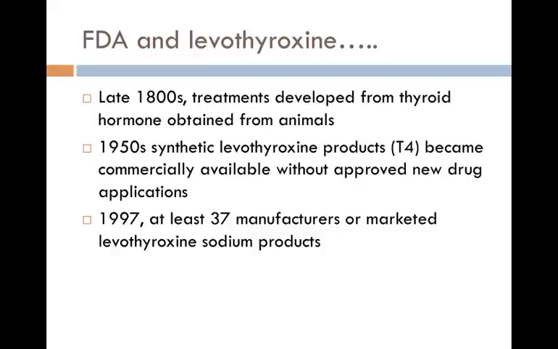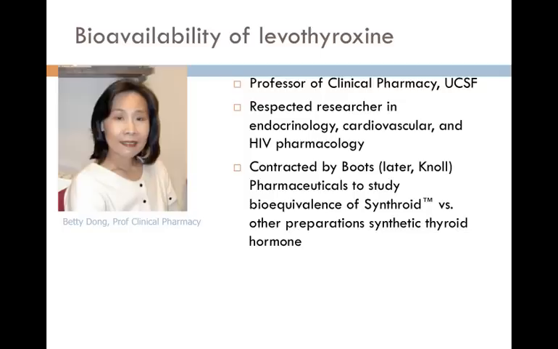And in 1997, there were at least 37 manufacturers of levothyroxine on the market. Betty Dong is a professor at the University of California, San Francisco. And she did a lot of research in endocrinology, cardiovascular disease, and HIV.